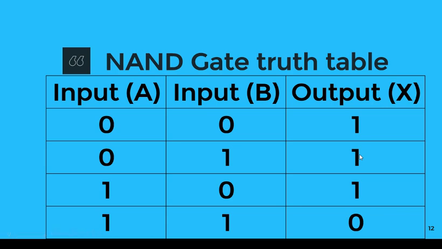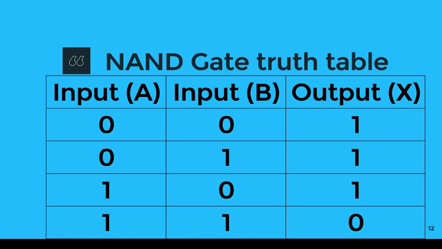But because this is a NAND gate and it operates in reverse to the AND gate, we would get a 1, a 1, and a 1, and a 0 right here. So this is the truth table for the NAND gate. Once we can completely appreciate the operation of the logic gate, we can easily derive its truth table.